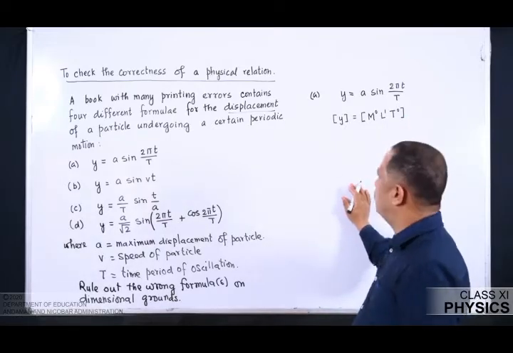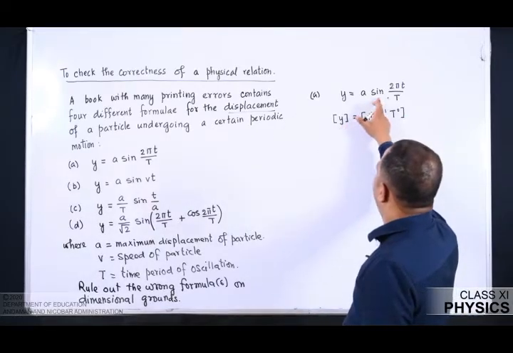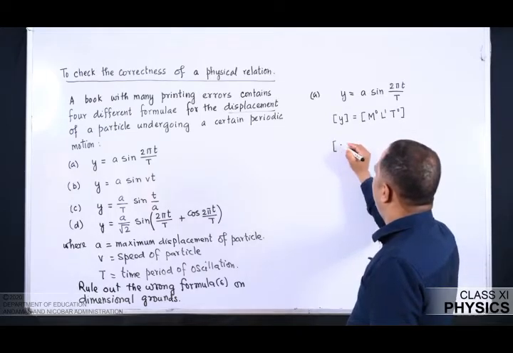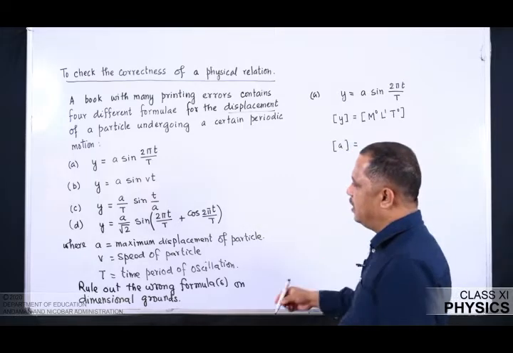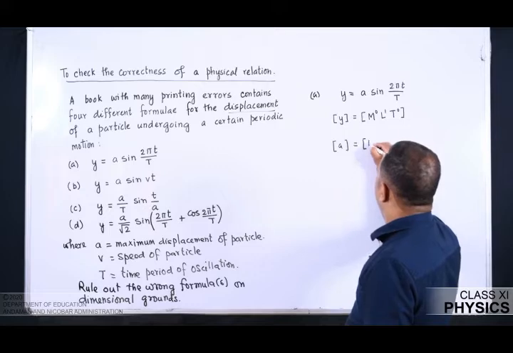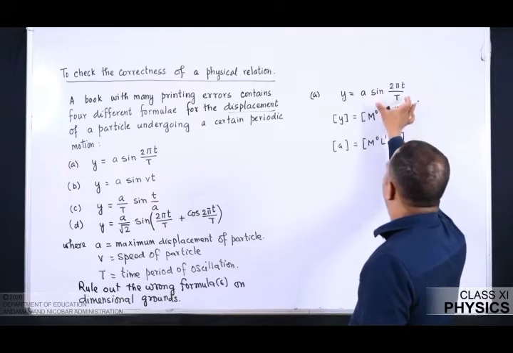This is the dimensional formula for y. On the right hand side, we have a. For a, it is said that a is amplitude or displacement, so again M power 0 L power 1 T power 0.